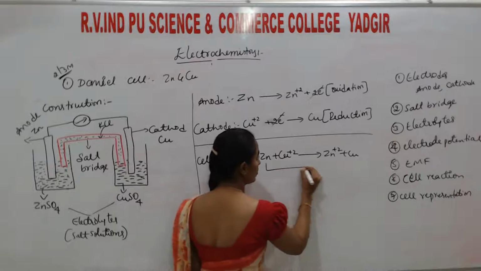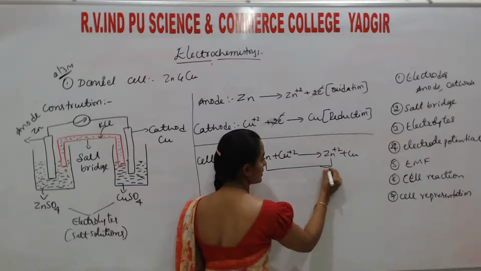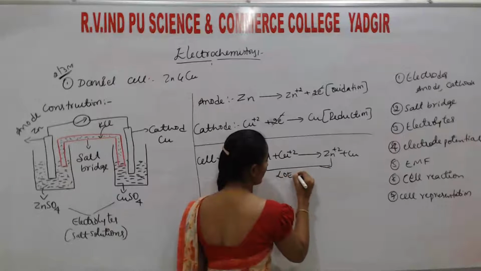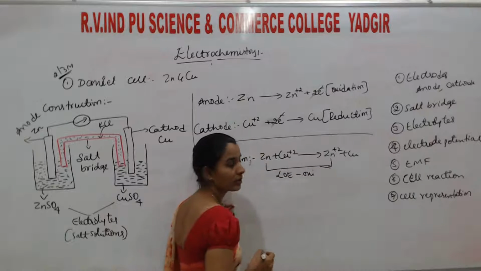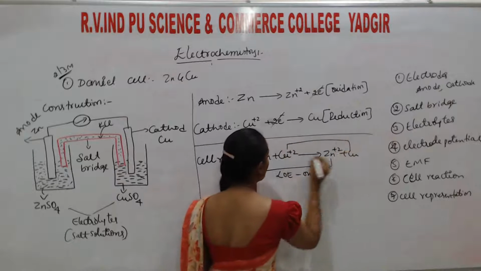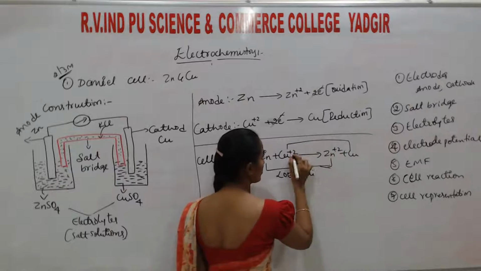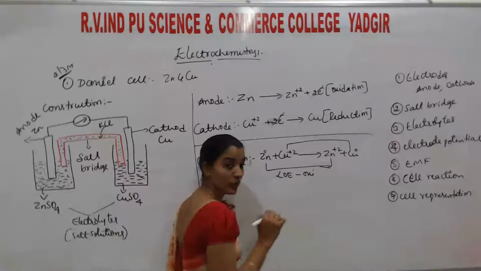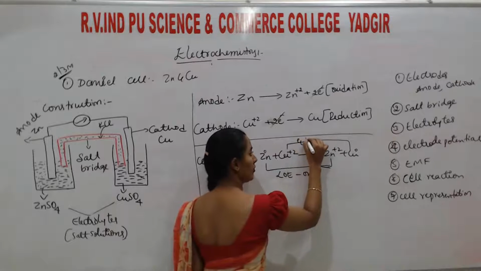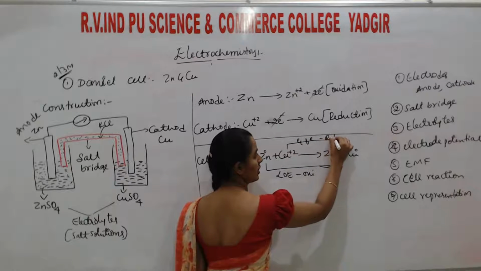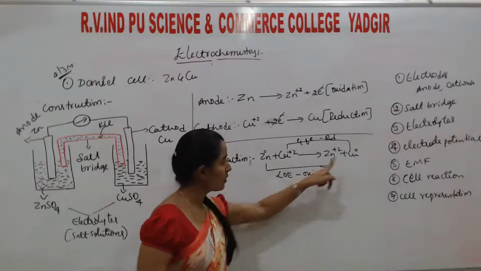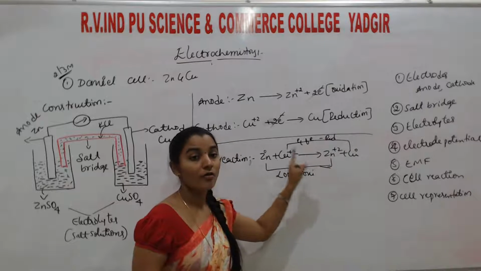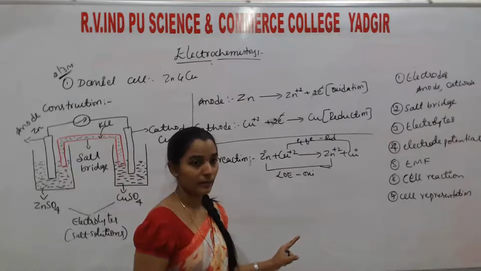Here, from Zn to Zn plus 2, there is loss of 2 electrons, that is oxidation. From Cu plus 2 to Cu, the oxidation state goes from plus 2 to 0, meaning 2 electrons are added. Gain of electrons takes place, that means reduction. This is the overall cell reaction for the Daniell cell.